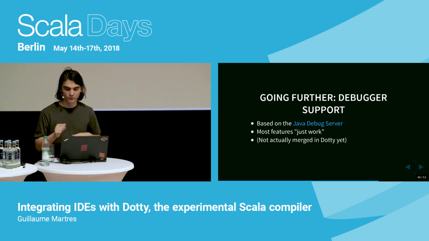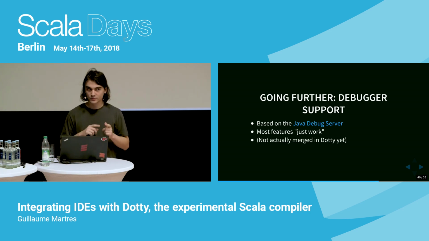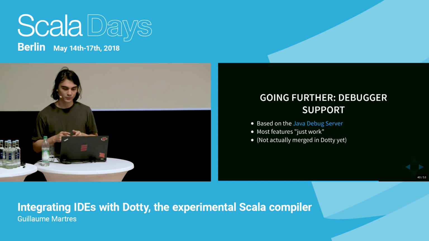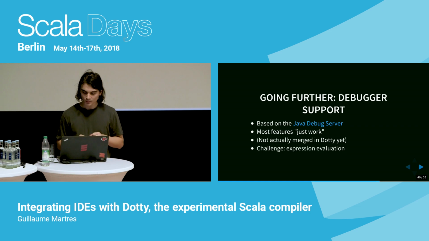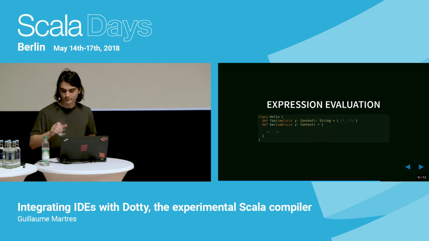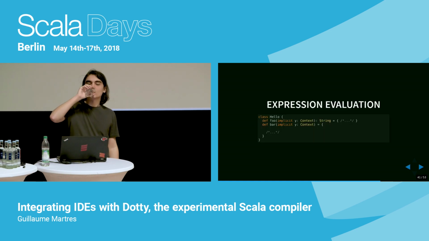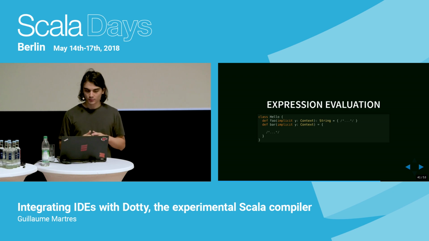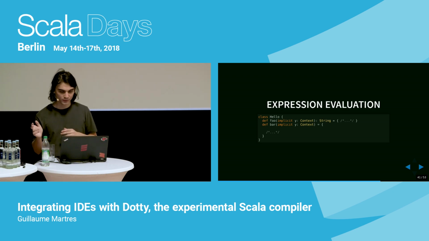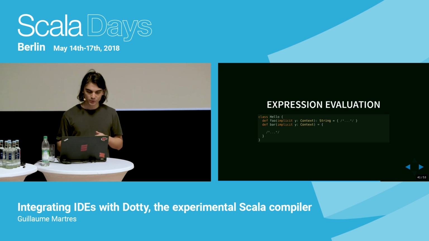I haven't actually merged this in Dotty yet. But there's one thing which is non-trivial to implement, and that's expression evaluation. So imagine you're in your debugger trying to debug some really simple code. Here we have a class with two methods, and you put a breakpoint here.